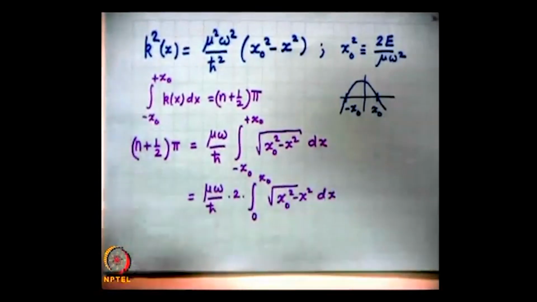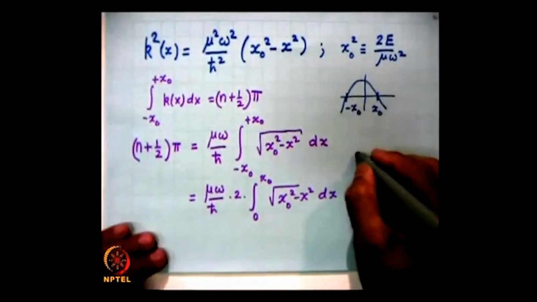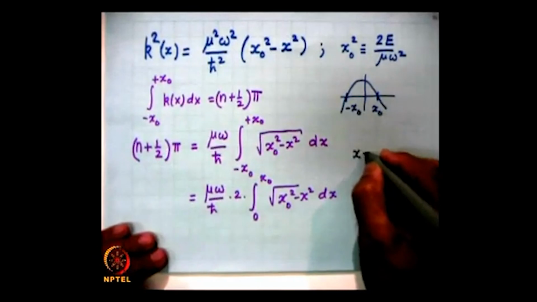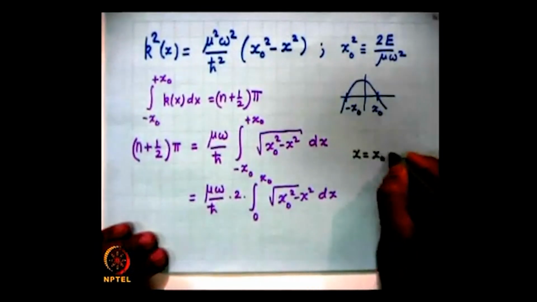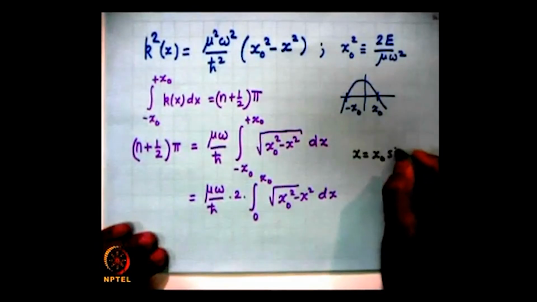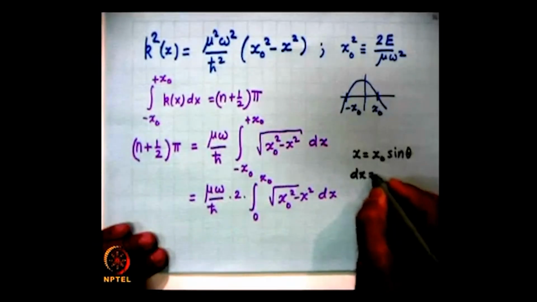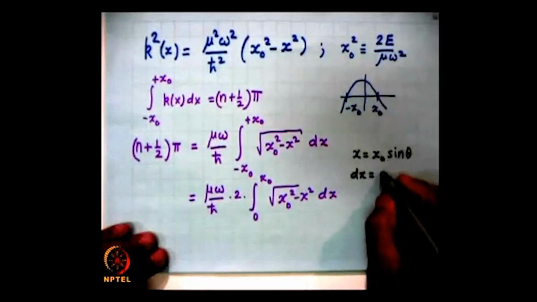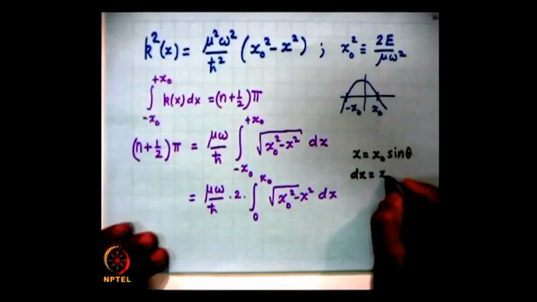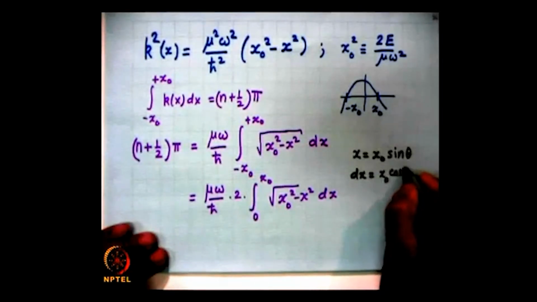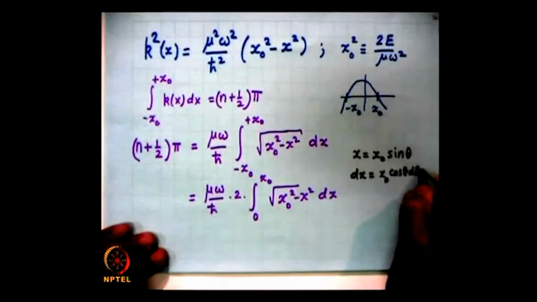Let me do this integral, although I know all of you will be familiar with this. I do this with x equal to x naught sine theta. So, dx is equal to x naught cos theta d theta.